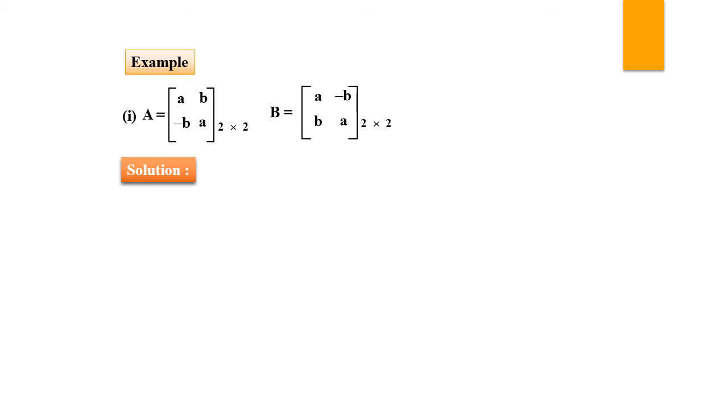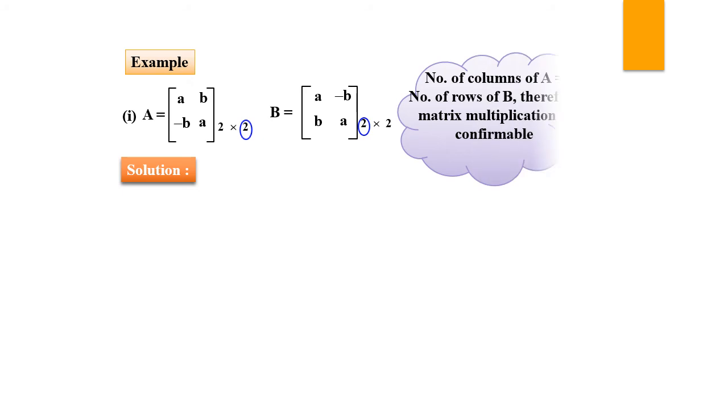First example, matrix A equal to [a, b; -b, a] of order 2 cross 2 and matrix B equal to [a, -b; b, a] of order 2 cross 2. So here you can see that the columns of the first matrix and rows of the second matrix are equal, so multiplication is possible.